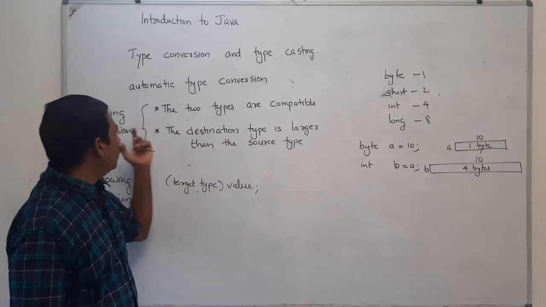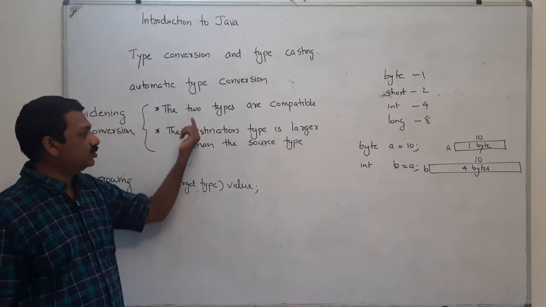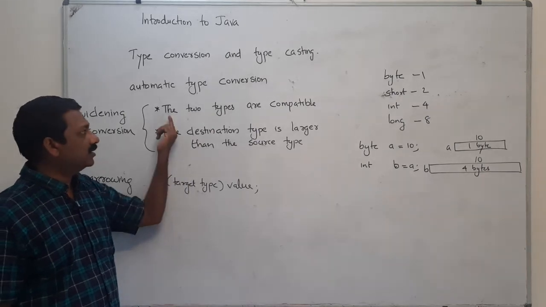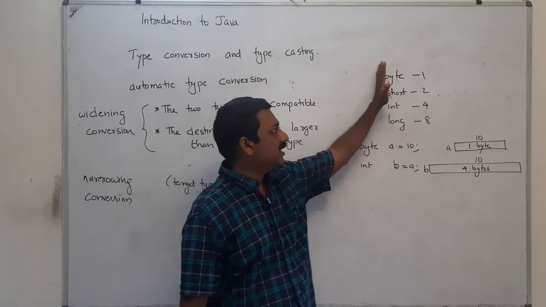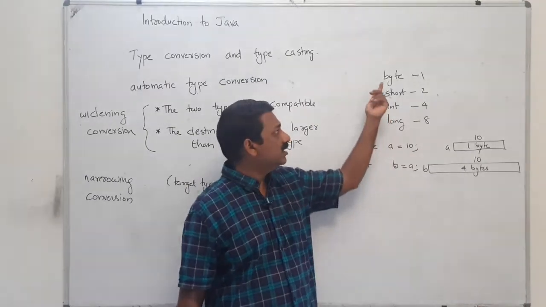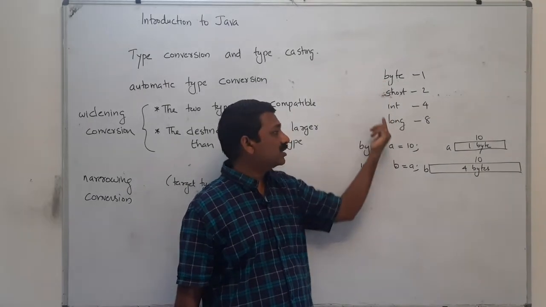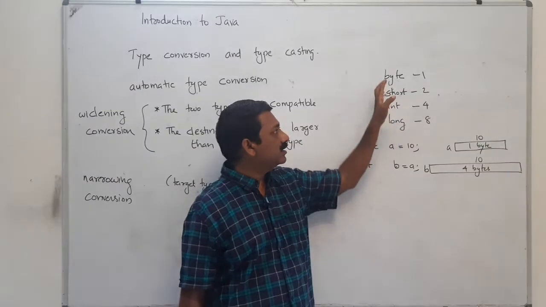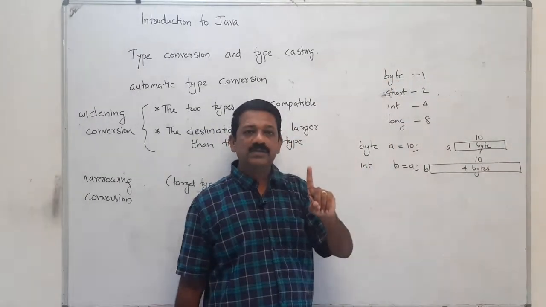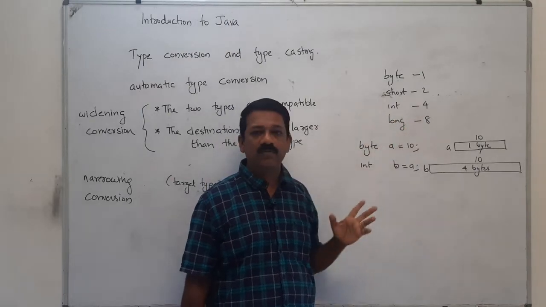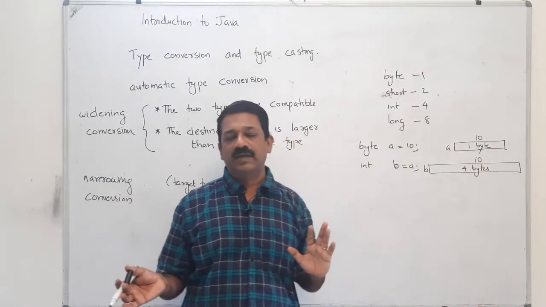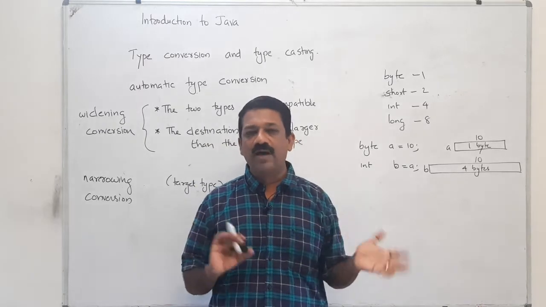For widening conversion, two conditions have to be met. The two types must be compatible. All these types are compatible, all these are integer values. Then what is the difference between these four? For byte only one byte is allocated, for short 2 bytes, here 4 bytes and here 8 bytes. All of them are integer types, so all integers are compatible.